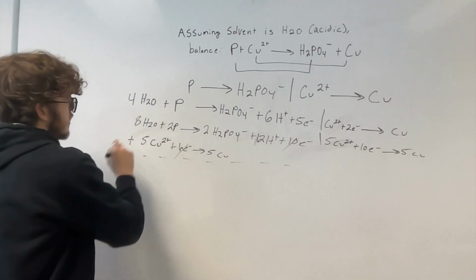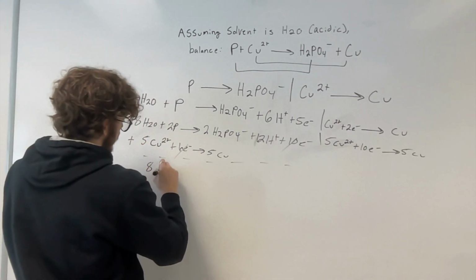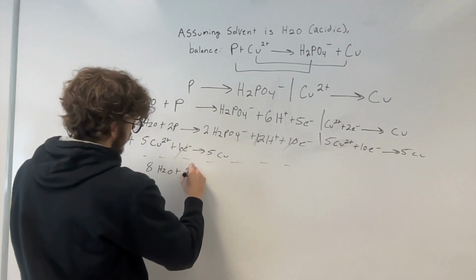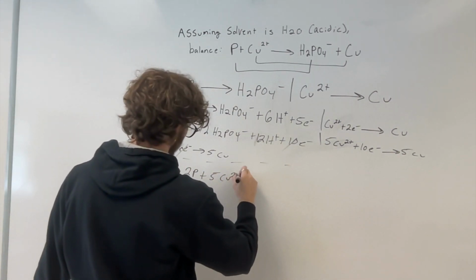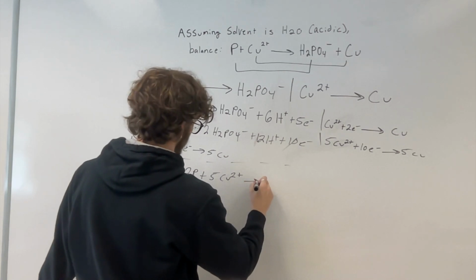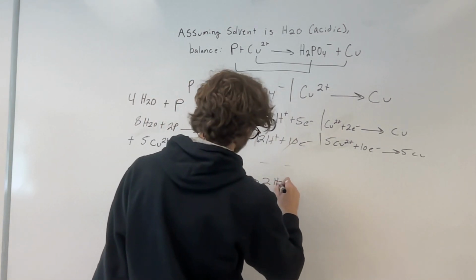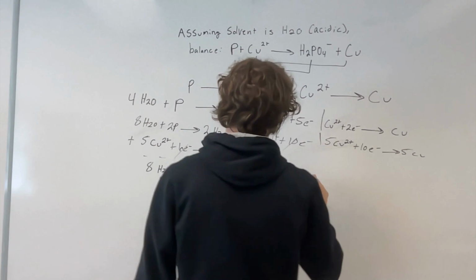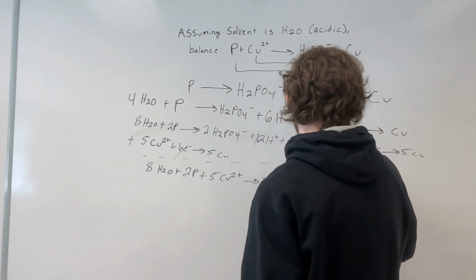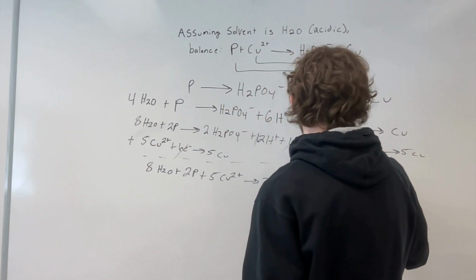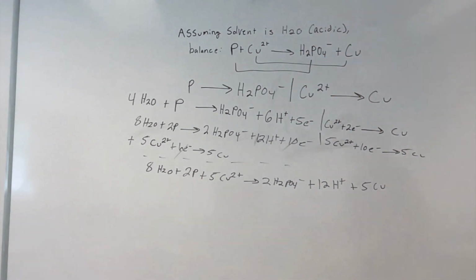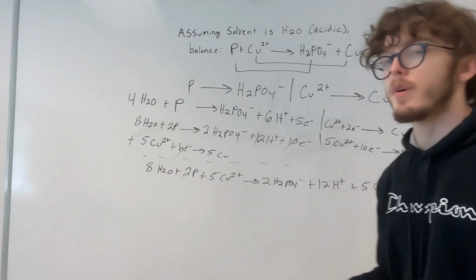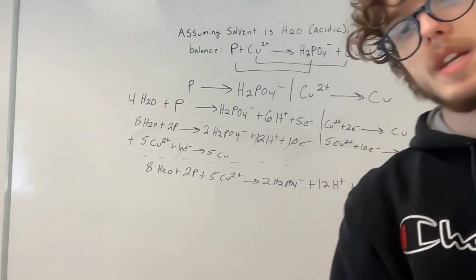And when we add these together, we get 8H2O plus 2 phosphorus plus 5 Cu2 plus ions is going to yield 2H2PO4 minus plus 12H plus, plus 5 copper. So that's the overall balanced equation. Now I want to look at, what if you have a basic medium?